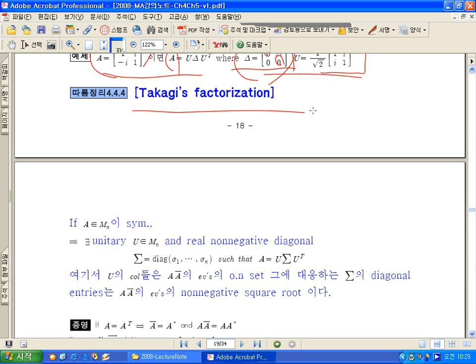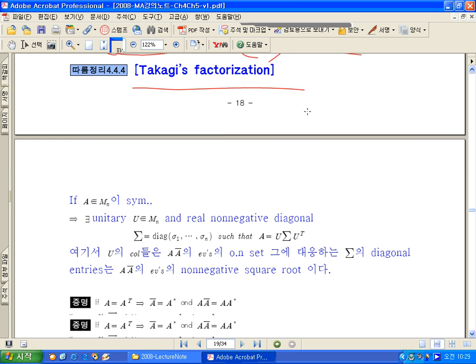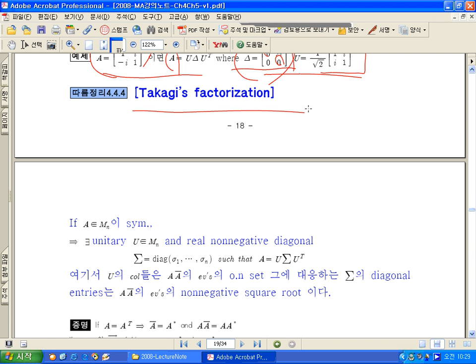And also, one other interesting theorem on complex symmetric matrices is Takagi's factorization. Is there anyone who knows about Takagi, the Japanese mathematician? Haven't heard about him? He is the father of Japanese modern mathematics.